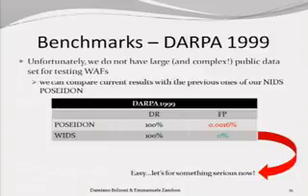Now, the benchmarks. This is the most famous, most used, because it's the only public dataset around the world. It's called DARPA 1999. We were testing with this dataset also previously Poseidon, so we use it the same just to show that this approach is better than the previous.